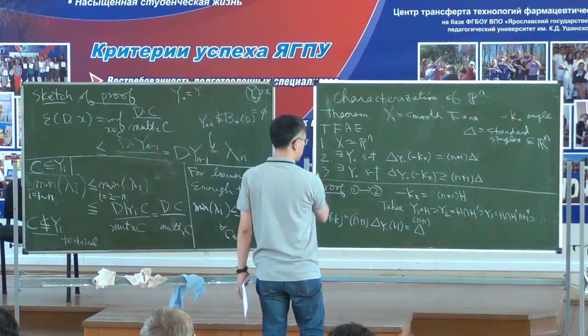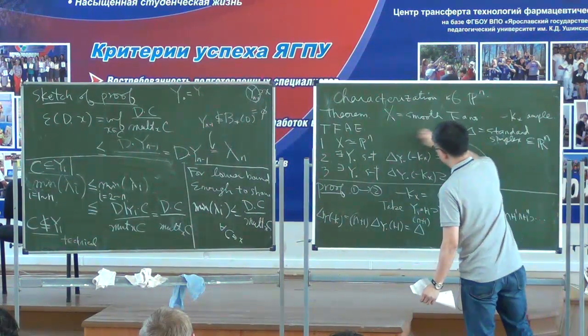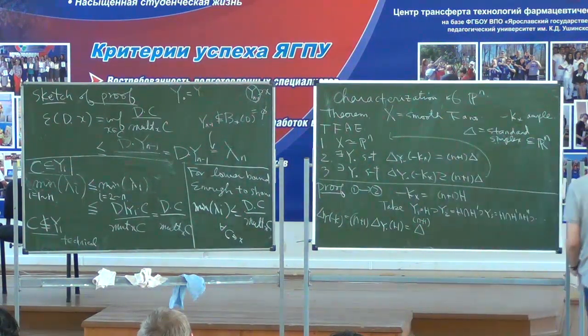And of course, 2 to 3 is obvious, and 3 to 1 is the most unobvious part.